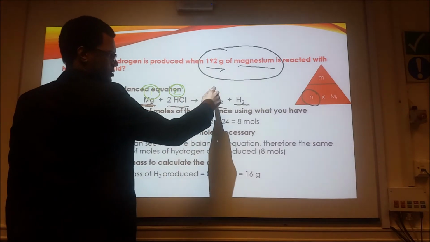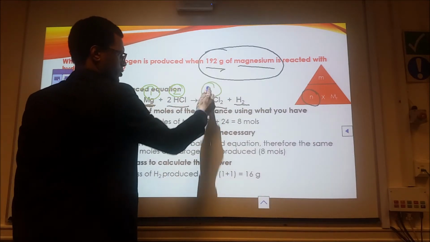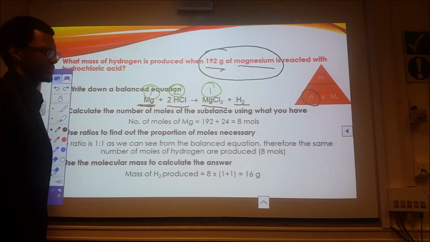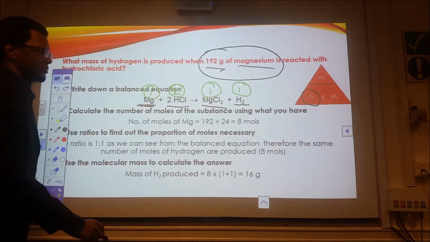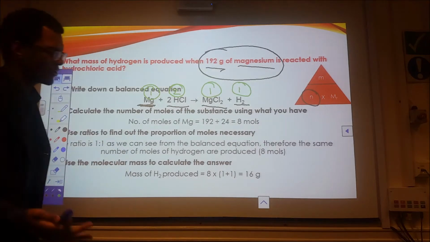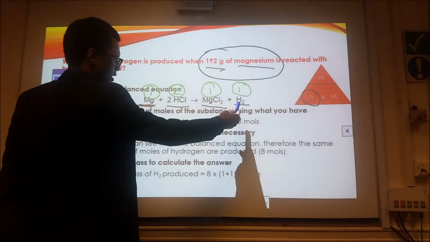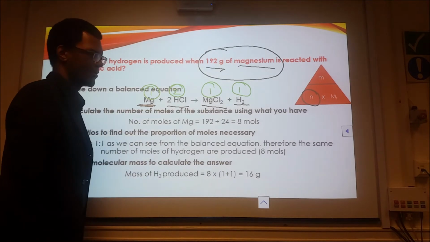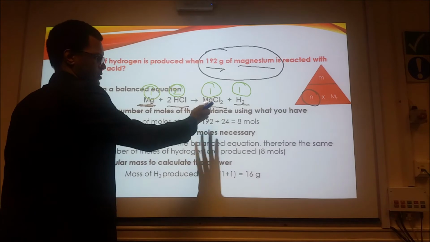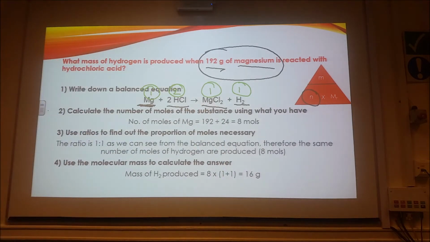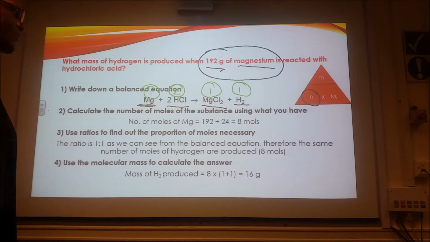This gives us 1 mole of magnesium chloride and 1 mole of hydrogen. You can imagine there's an invisible 1 in front of each of these, but we don't need to write the 1 because it's implied. So, using these ratios, we can find out the number of moles necessary.